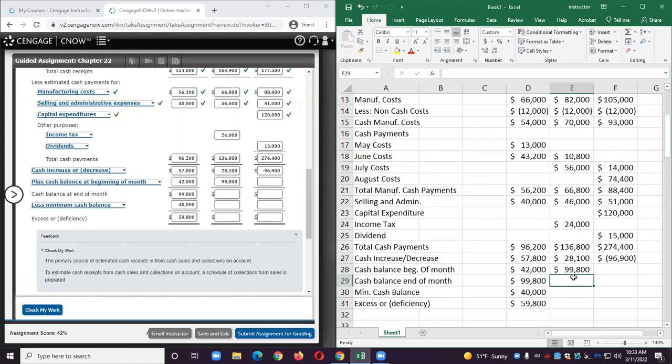So then same thing, my cash increase plus my cash beginning balance will be my cash balance at the end of the month. My minimum cash balance is always 40,000 because them's the rules made by management. So our excess in this case is going to be 87,900.